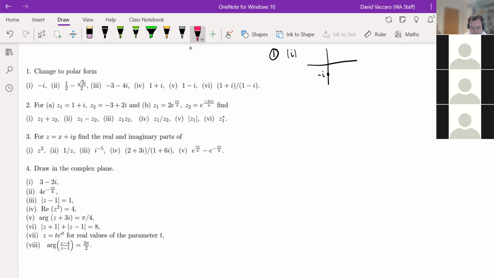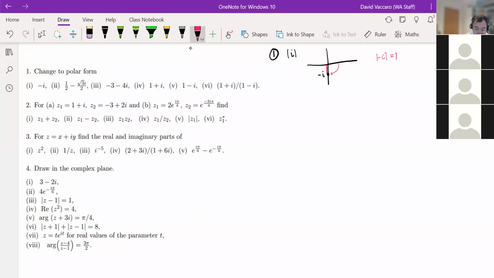We consider the modulus and argument of that number. The modulus is going to be the length of the complex number when considered as a vector. So the modulus of -i is simply 1. The argument is the angle measured anti-clockwise from the real axis.